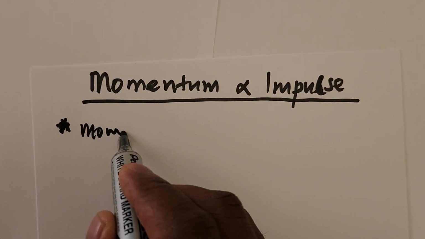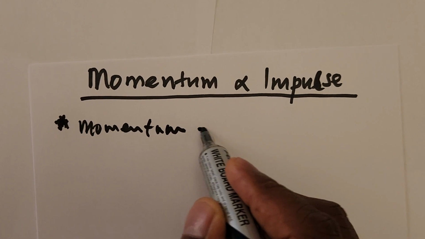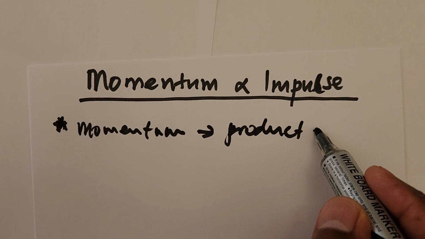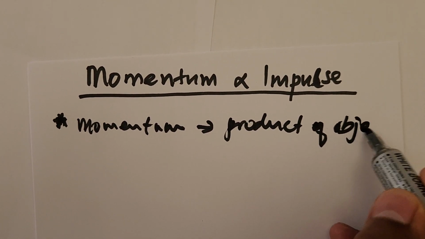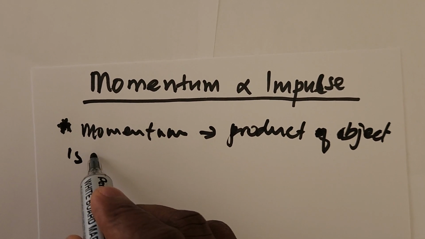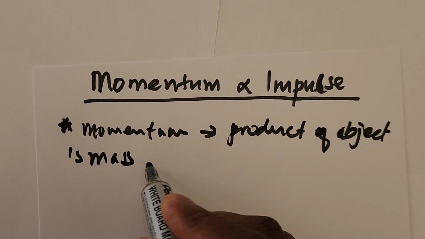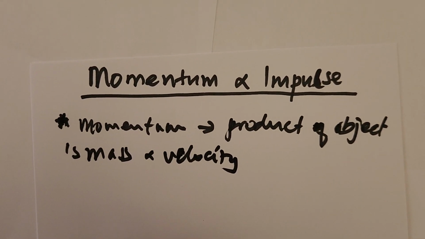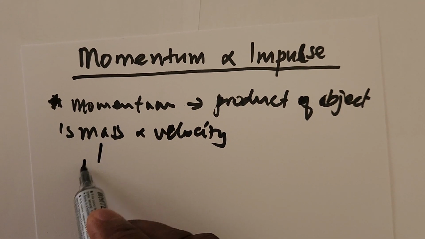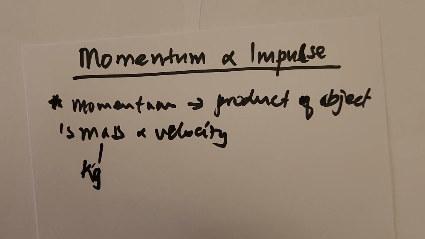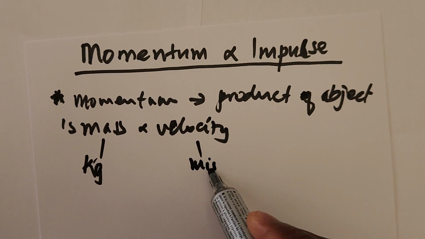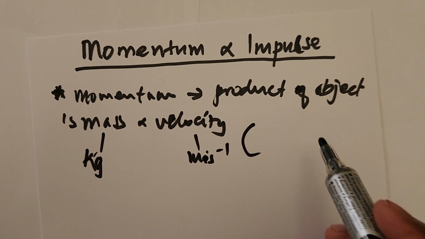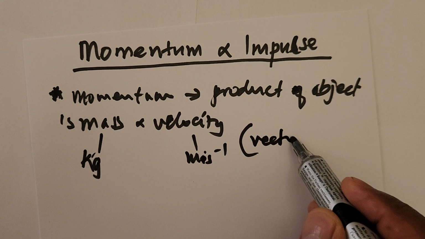Momentum is defined as the product of an object's mass and velocity. Remember, mass is measured in kilograms, as you learned units in the lower grades. Velocity is measured in meters per second. And once again, in grade 10, we learned that velocity is a vector.